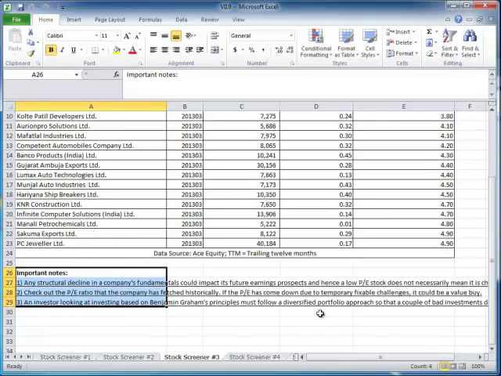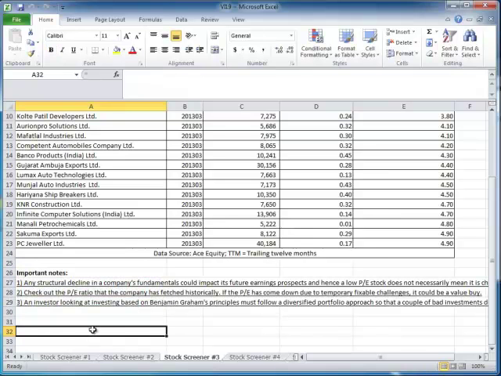Okay, so let's look at some of the important notes for this. So firstly, if there's a structural decline in the company's fundamentals, this could impact future earnings prospects, and so a low PE does not necessarily mean it's cheap, right? So we have to think whether the future earnings are going to be falling or not, right? Sometimes the PE ratio can fall in anticipation of a drop in earnings later on.